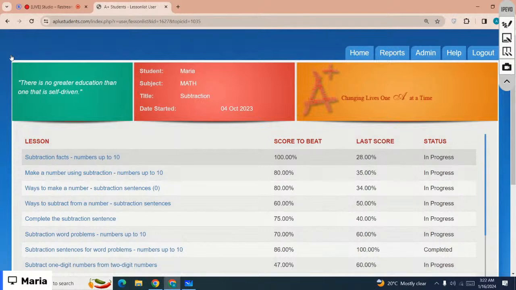Okay, the next one is ways to subtract from a number. Ways to make a number.